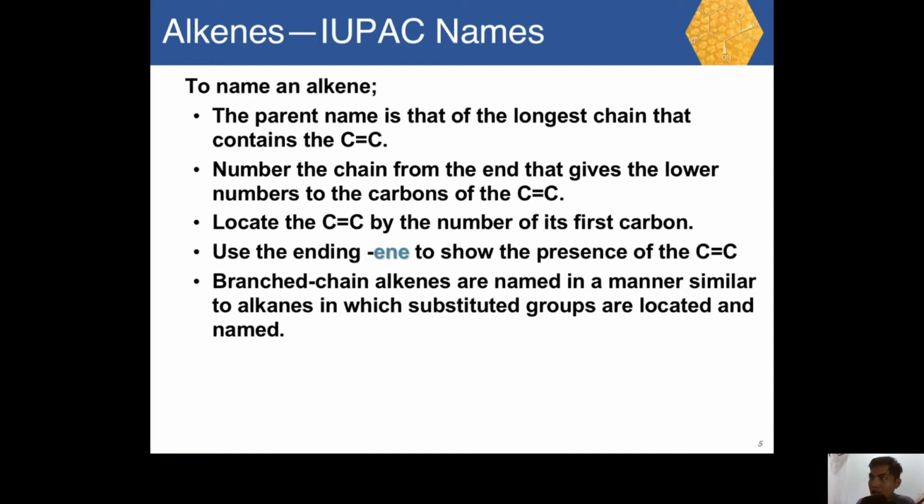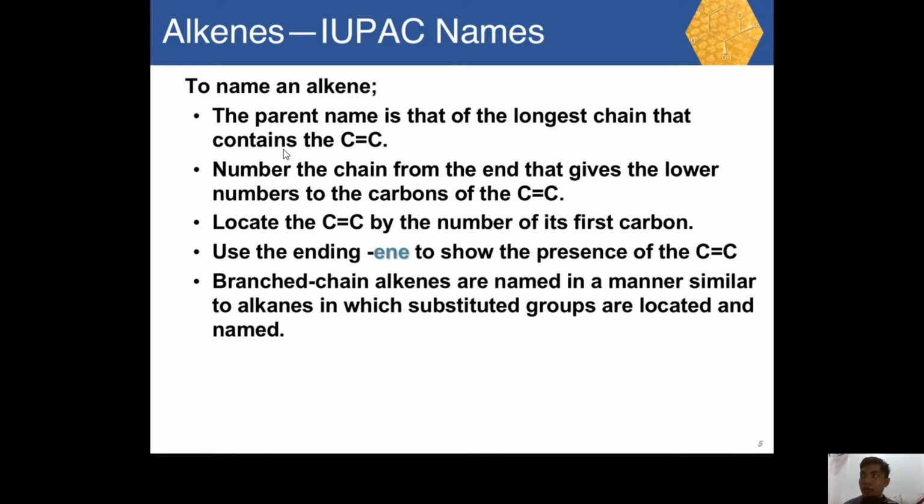So, for us to name your alkene, number 1, the parent name is that of the longest chain that contains the C double bond C. Di ba sa ating alkanes, ang ating ginagawa, pag hahanapin mo yung parent chain ay bibilangin mo or hahanapin mo yung longest chain of carbon. Sa alkenes, ganun pa rin. Or alkynes, ganun pa rin. No? However, the only difference is that it must contain the C double bond C.